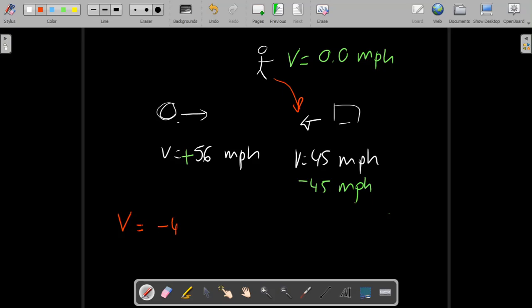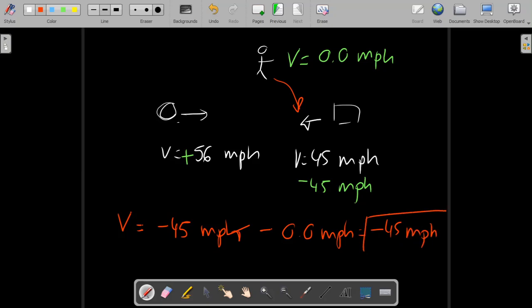So minus 45 miles per hour, and you need to take away from it your velocity. So minus 45 miles per hour. What does it mean? It just means that the truck is going to the left, opposite the car. That's all it means, that minus. That's all the meaning of that minus.